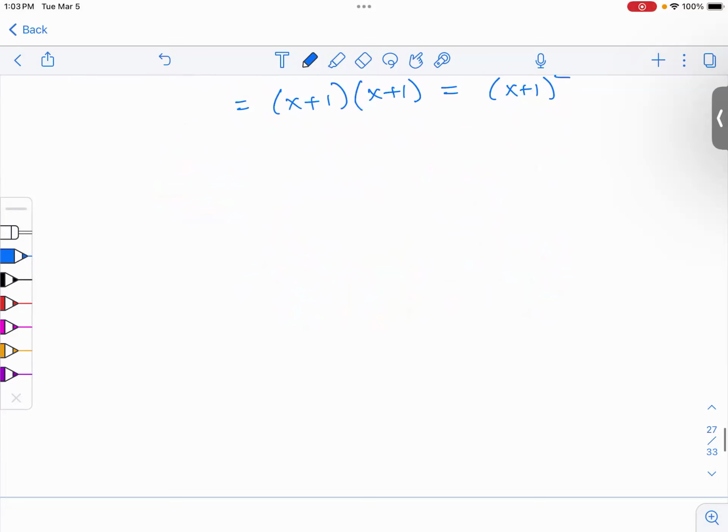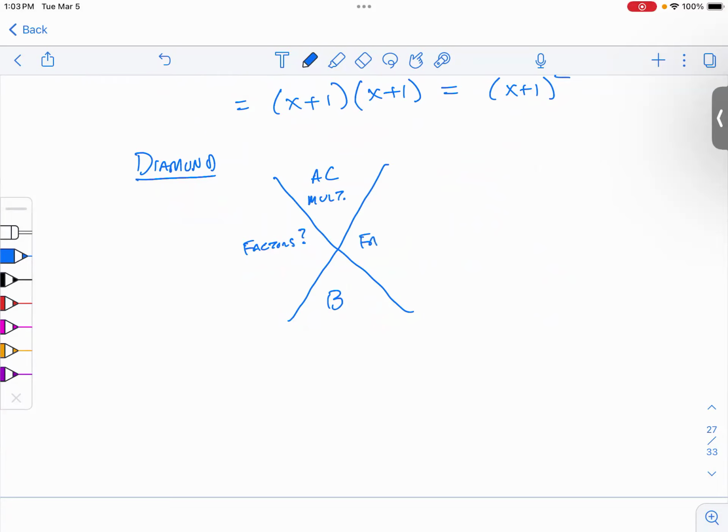The other big one, right, is what's known as the diamond. The diamond needs a little bit of explanation to start. So the other big thing we do is we factor quadratics.